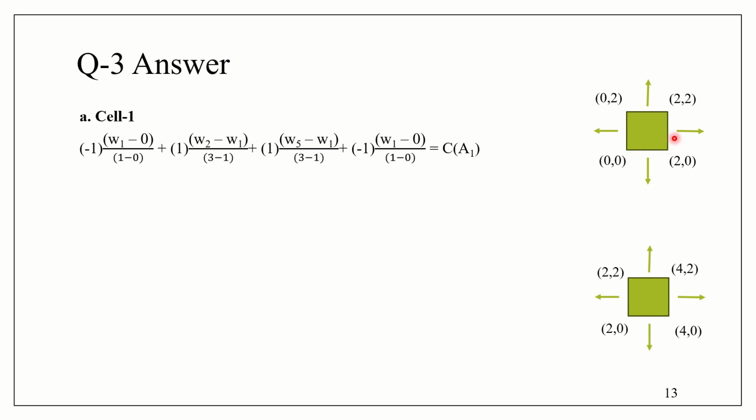And if we look in this direction, we go from the first cell to the second cell, so it would be W2 minus W1, divided by 3 minus 1, because the centroid is 1 over here and 3 over here.